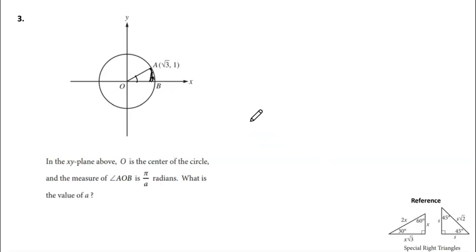So looking at this, here we have x and then x square root of 3. So x divided by x square root of 3 is basically what is given here, right? Because the tangent of this angle is what this is about. So it's rise, which is 1, over run, which is square root of 3.